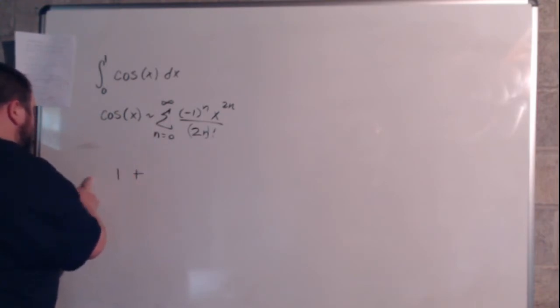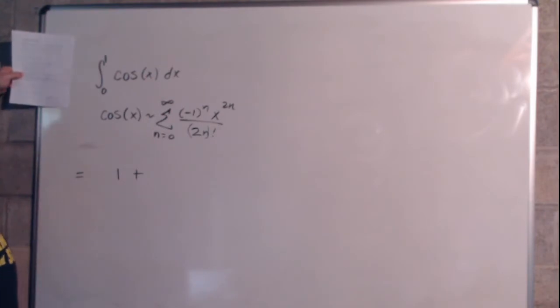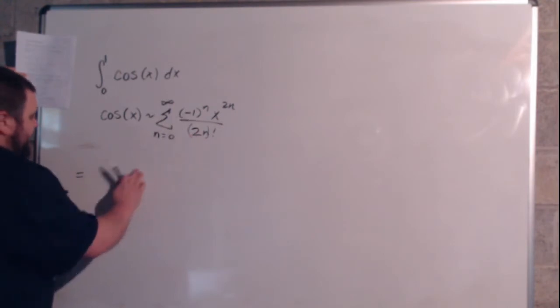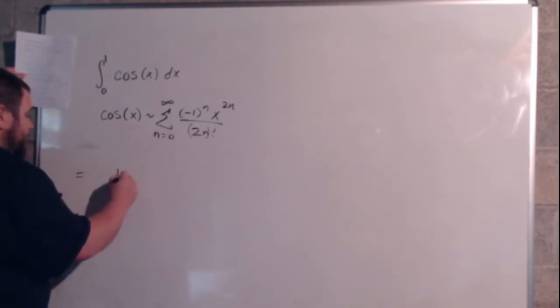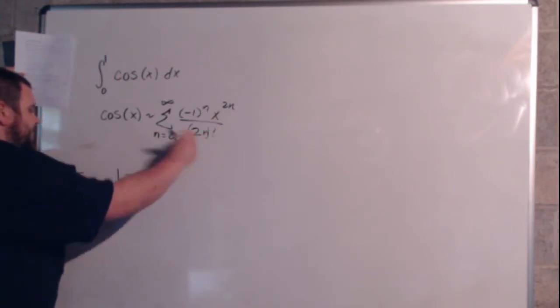So first term is 1. Then the next term is when n equals 1. So it's going to make it negative. That's going to become x squared and 2 factorial.